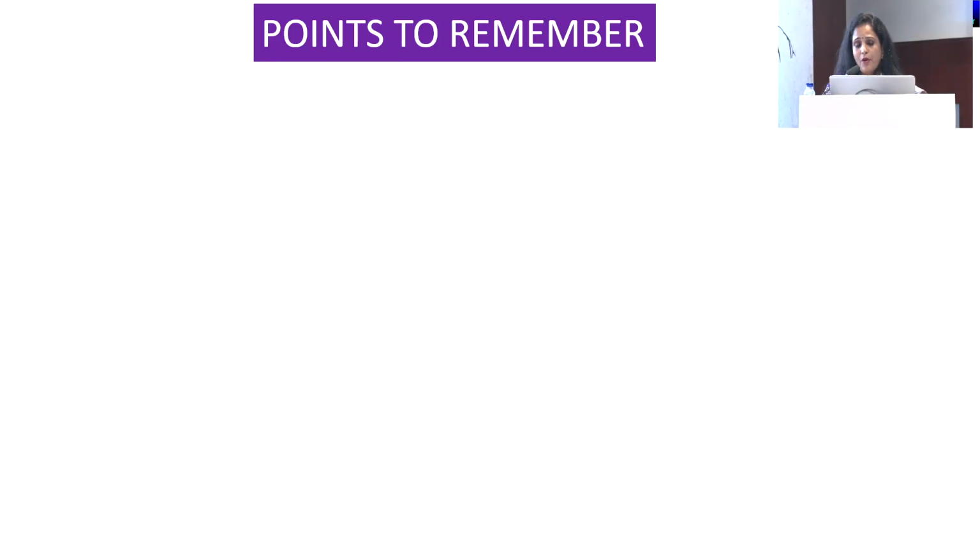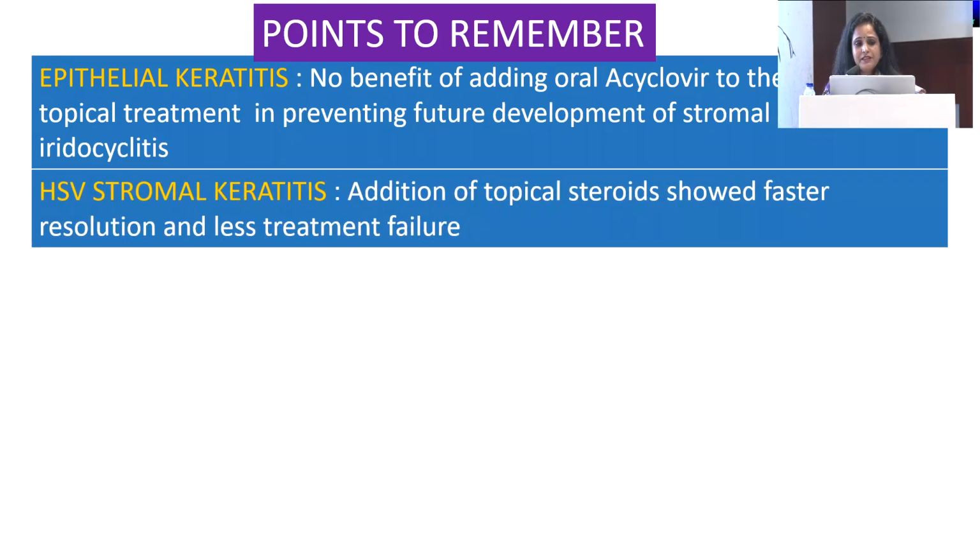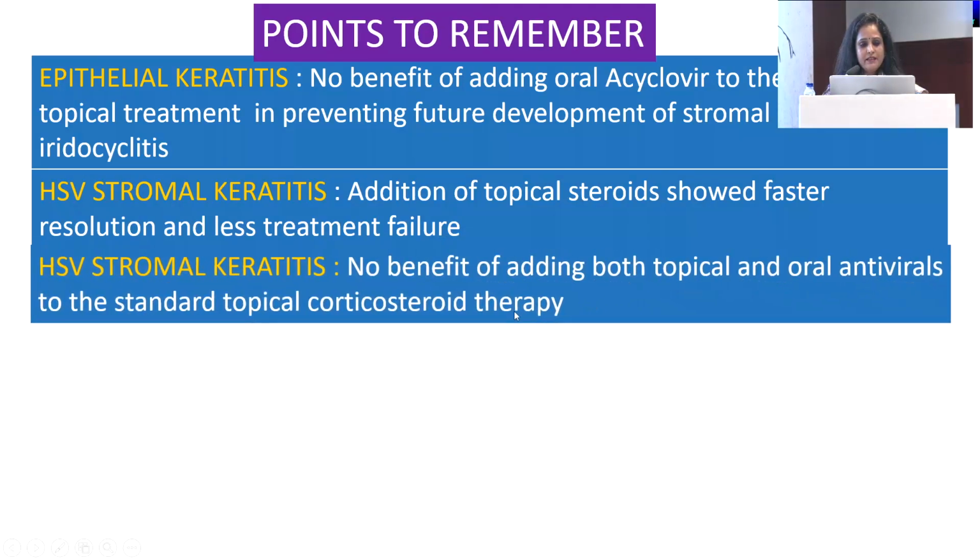Finally, the points to remember: in patients with epithelial keratitis, there is no benefit of adding oral acyclovir to prevent future development of stromal keratitis. In patients with HSV stromal keratitis, always start topical steroids, which give faster resolution. In stromal keratitis, there is no benefit of adding both topical and oral antivirals.